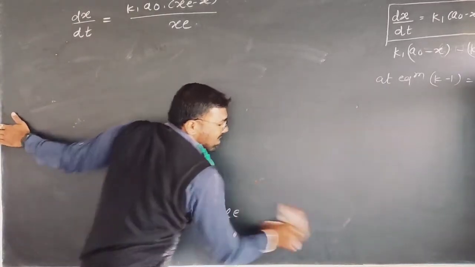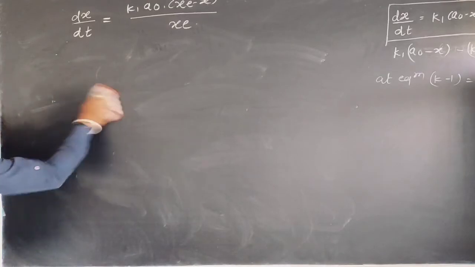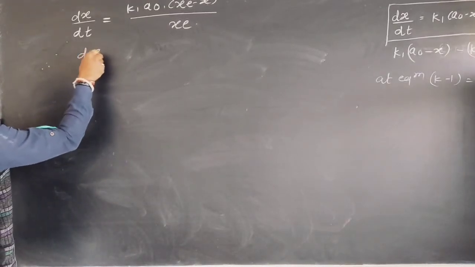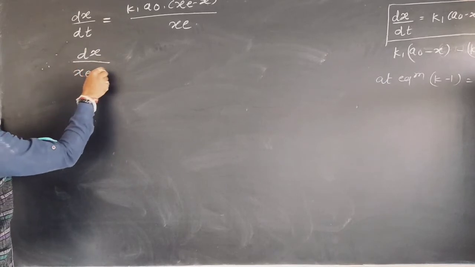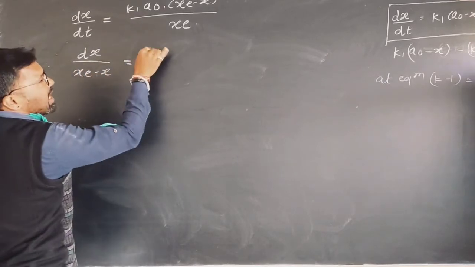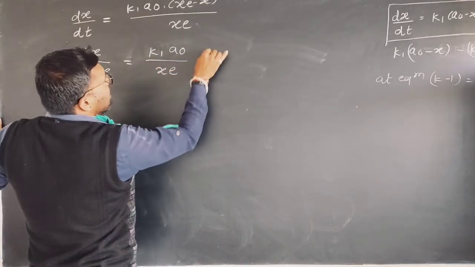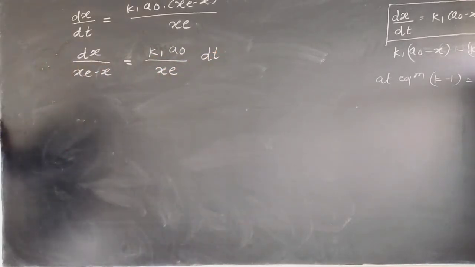Now taking the variable terms x and dx on the same side and dt on the other side, I can write dx upon (xe minus x) equal to k1 a0 upon xe, all constant, into dt.